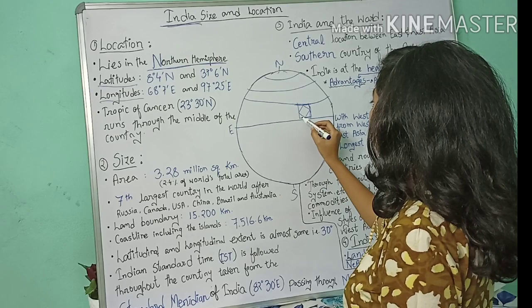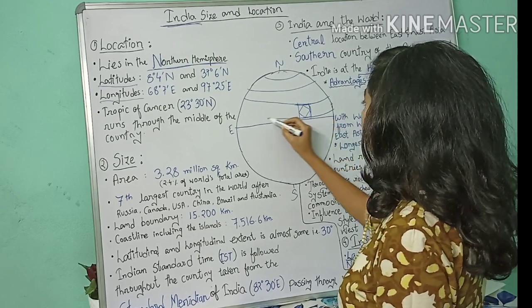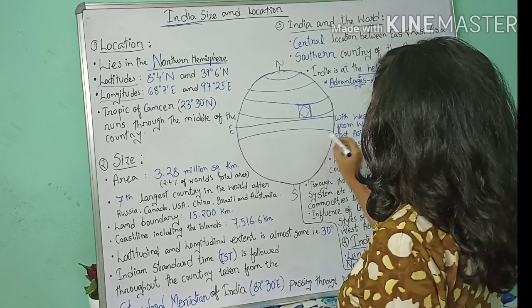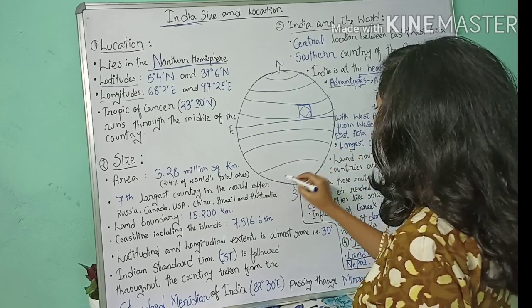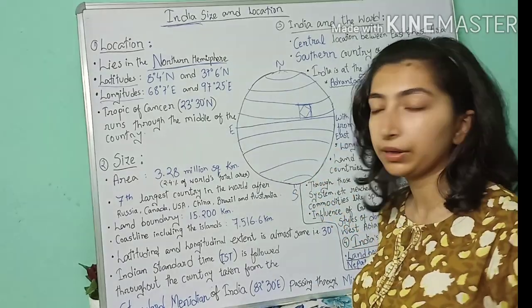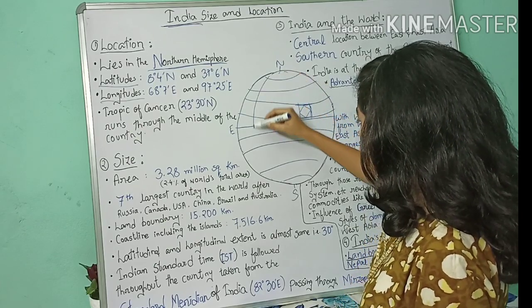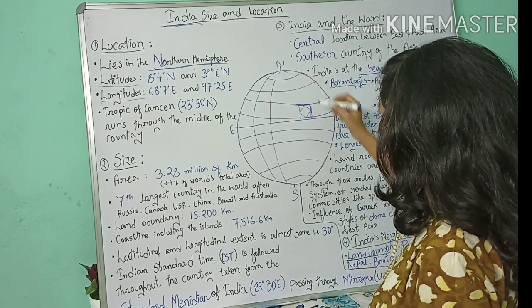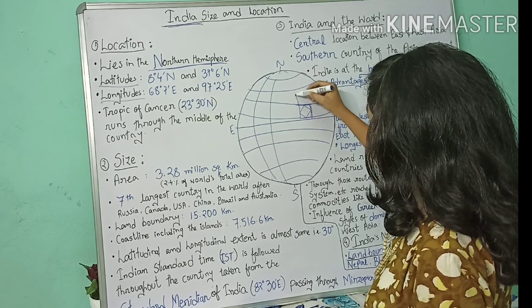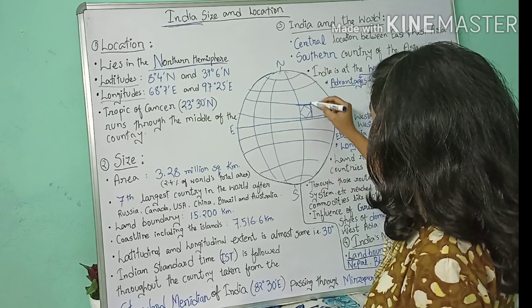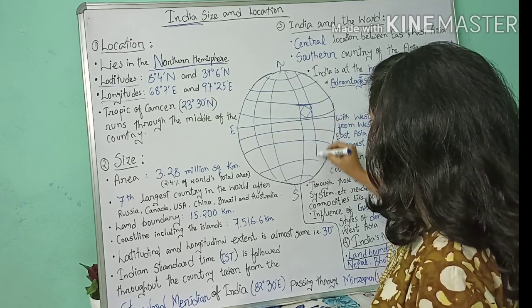And meridians of longitude, that is longitude, are these lines, like this. This may be connecting here, and this may be connecting here.